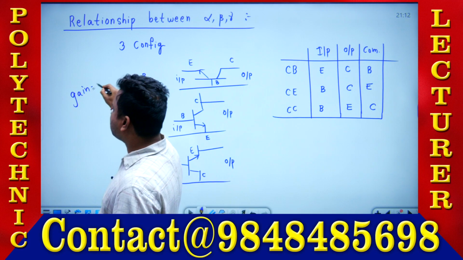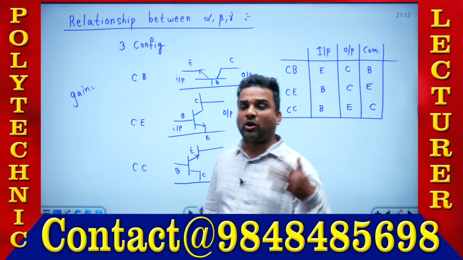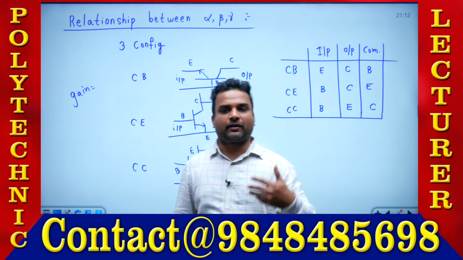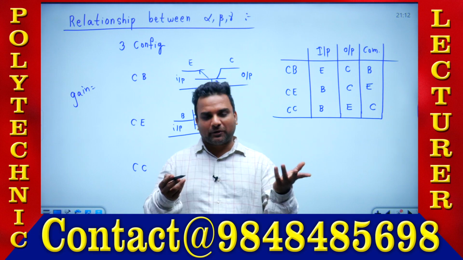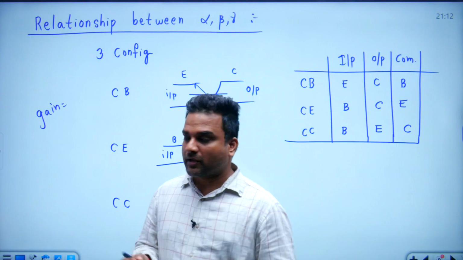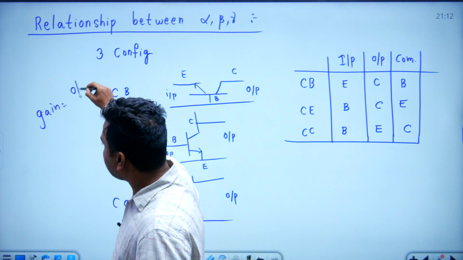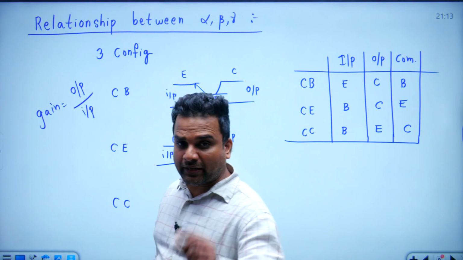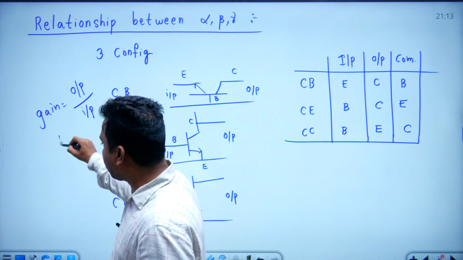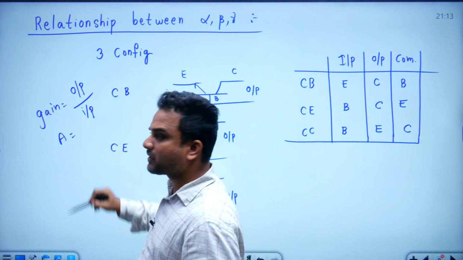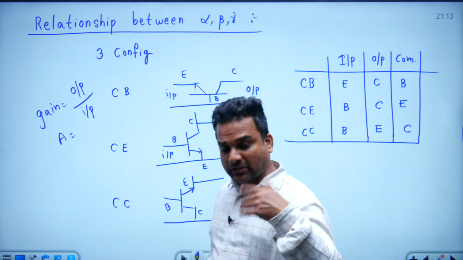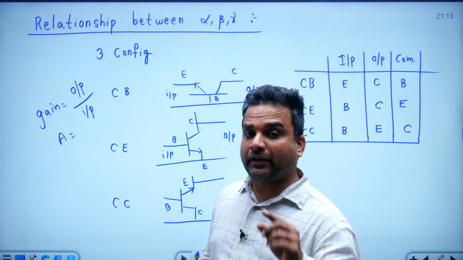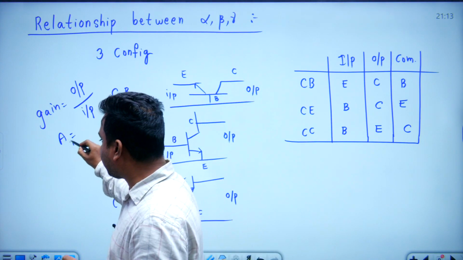Even in business language, gain means how much we have spent, how much we are getting. That means output by input, simply. So gain means output by input. Gain is represented by the letter A, that is output by input. Suppose it is a current gain, it is denoted by the letter AI.